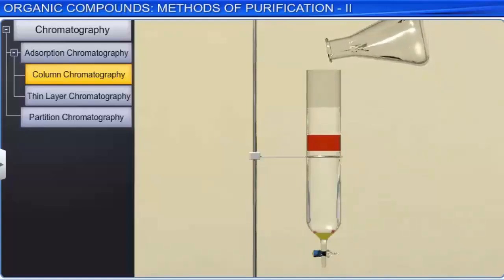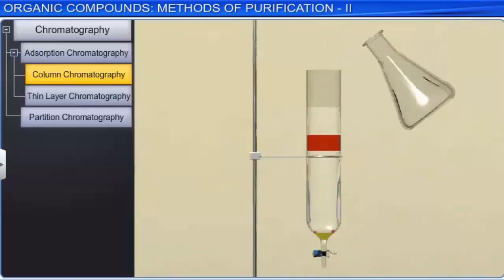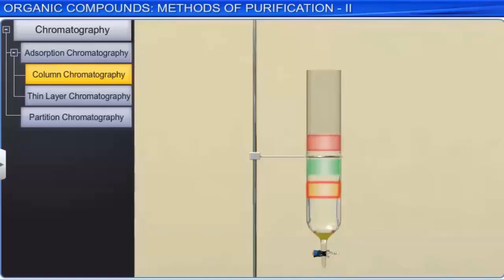During elution, the components in the mixture get eluted according to their adsorption strengths. The components which are weakly adsorbed are eluted first, and components which are strongly adsorbed are eluted later. Thus, complete separation of the components in the mixture takes place.